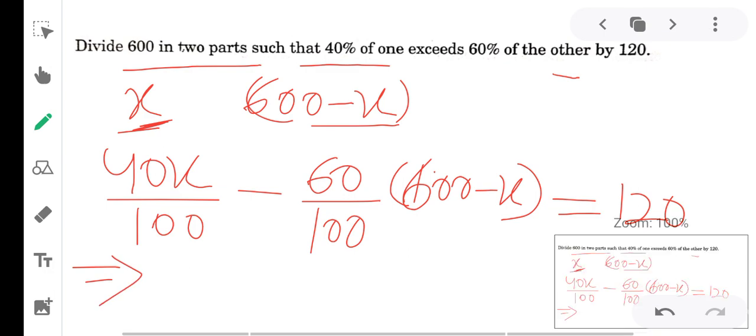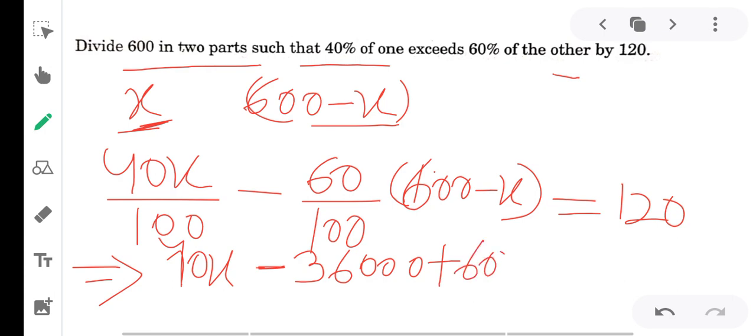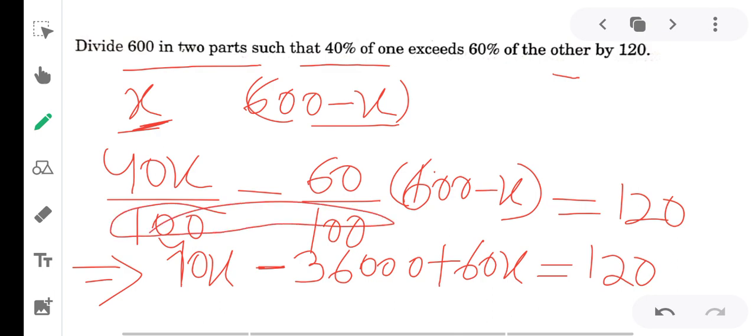So LCM is 100, so 40x minus 60 into 600, that will be 36,000, minus 60 times (minus x), that is plus 60x, equal to 120 multiplied by this LCM 100, that is 12,000. Clear?